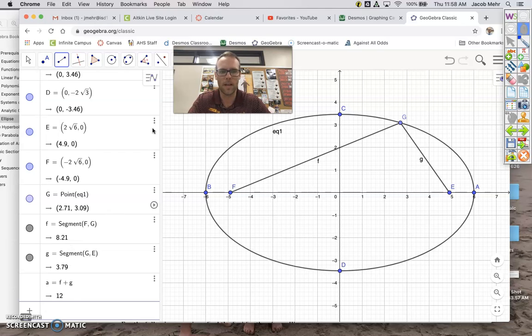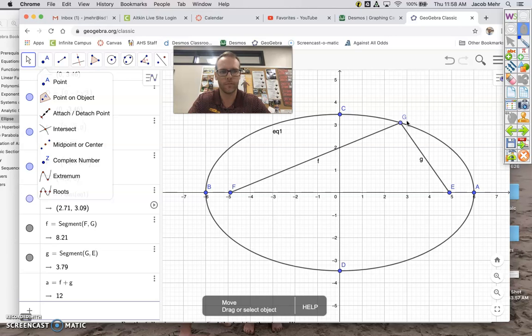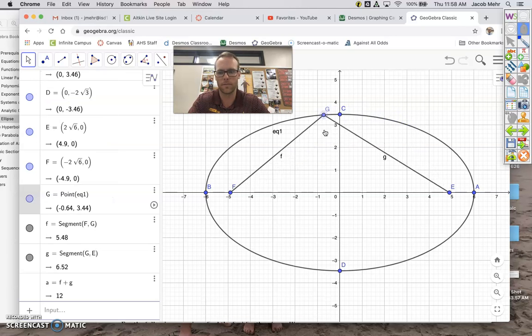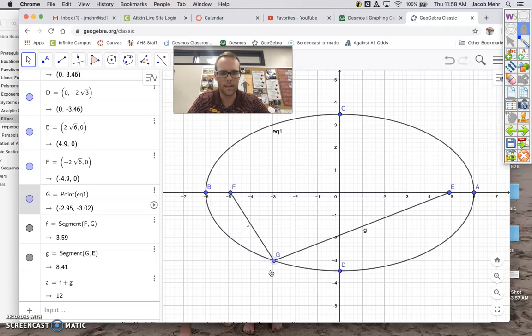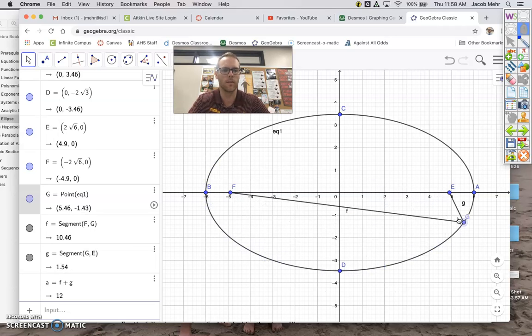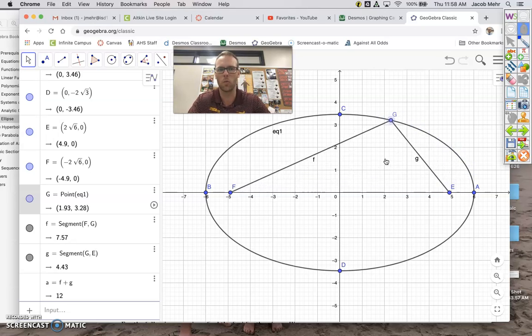Now, what happens as I move this point around on my ellipse? Notice down here in the screen, you're looking at F and G. F and G are changing, but F plus G is still always 12. The sum of those two distances is always the same no matter where we are on the ellipse.